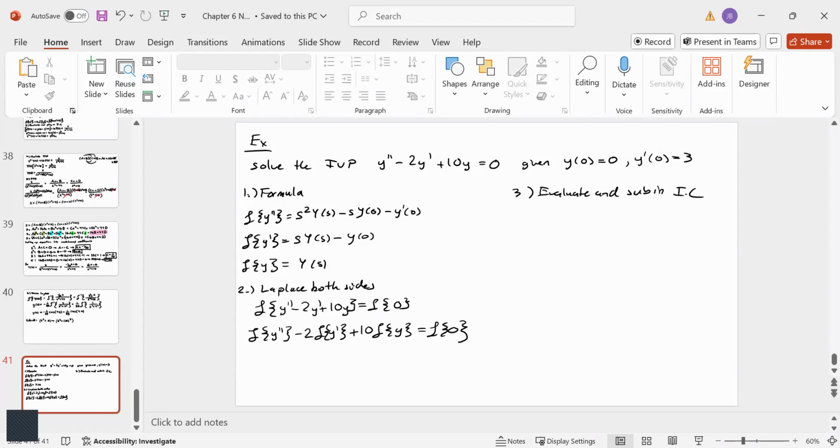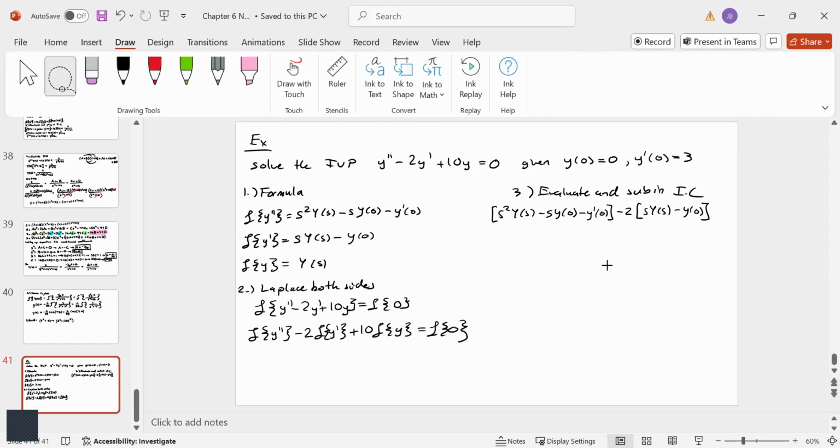So we get s squared y of s minus s y of 0 minus y prime of 0 minus 2 times s y of s minus y of 0 plus 10y of s equals 0.